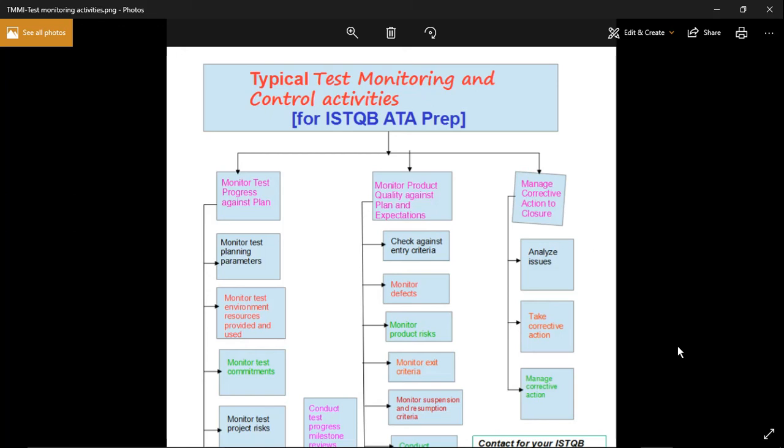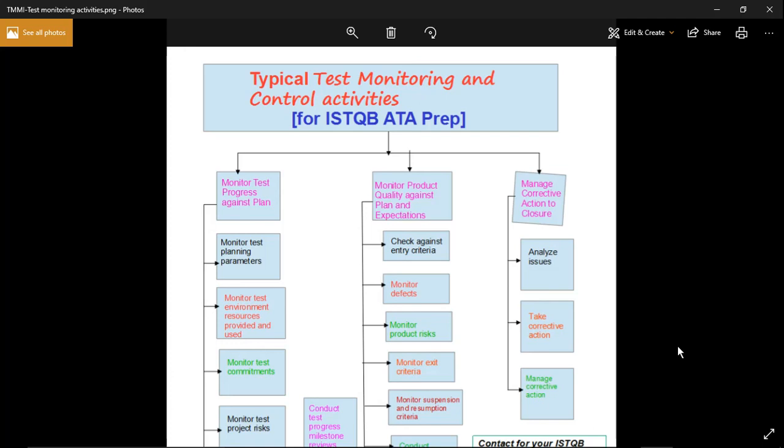Apart from that, you can also monitor the human resources like testers, automation test engineers, such kind of roles, and what tasks were planned, what tasks were given to them, what they are doing, and whether they got stuck somewhere. That kind of issues need to be identified during the monitoring.